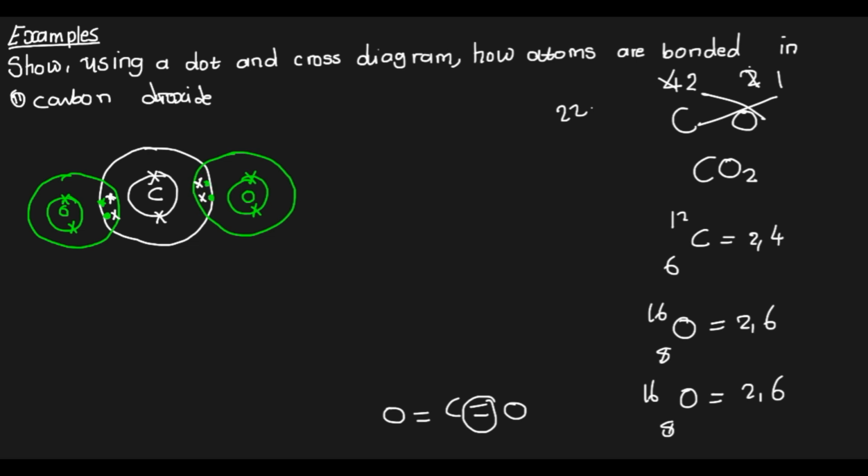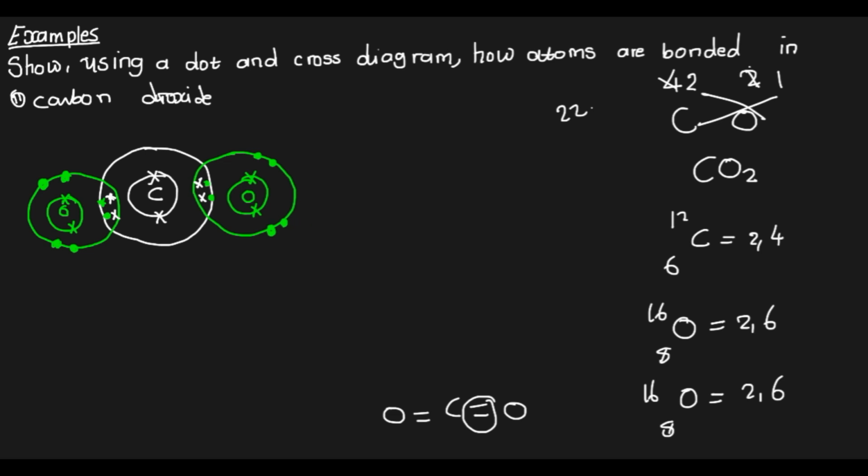For carbon, we can see that carbon is now satisfied because we have 8 electrons. Now each oxygen atom has 4 electrons, so there is 4 more remaining. So here we are going to have 2, and also here 2. So we can see that now each atom is satisfied.